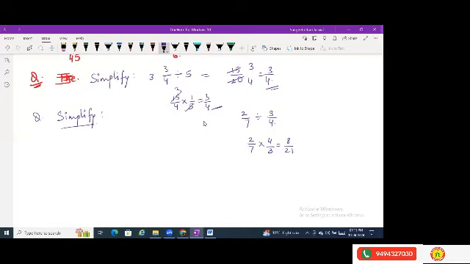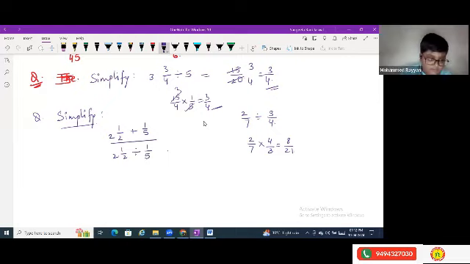Based on this, I'm giving you one more sum. Please try this, everyone. So that's 2 1 by 2 plus 1 by 5, upon 2 1 by 2 divided by 1 by 5. Do it. Is this the same sum?